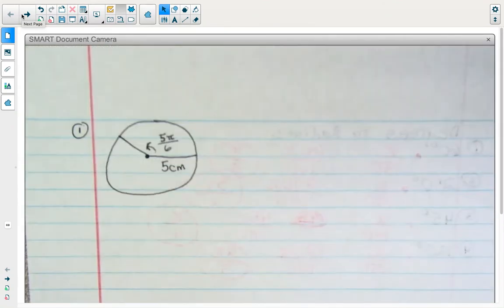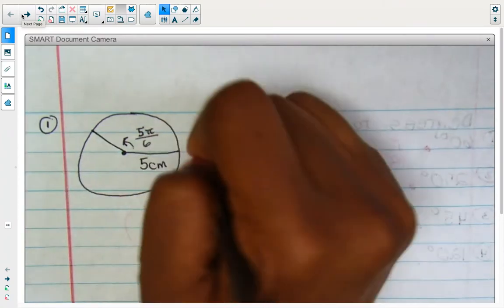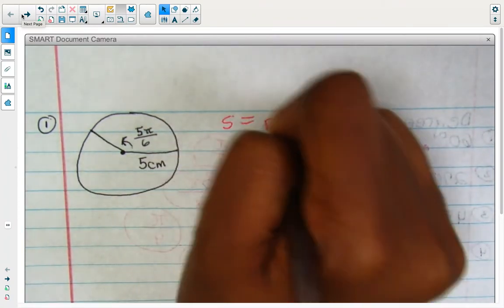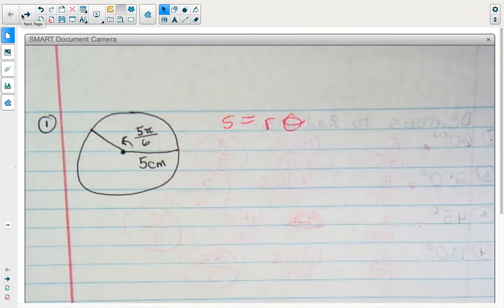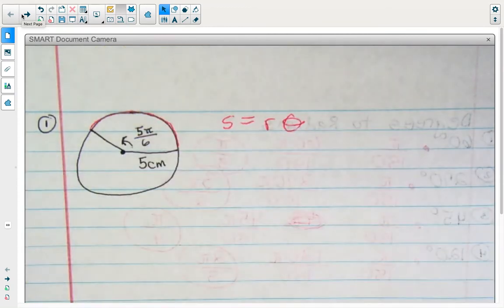All right, first one. I know that my radius is 5. My angle measure is 5 pi over 6. So the first thing that I'm going to do is write our formula down. We're looking for the length of our intercepted arc, the length that I'm somewhat highlighting in red here, from here to here.